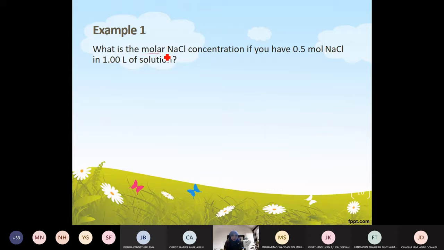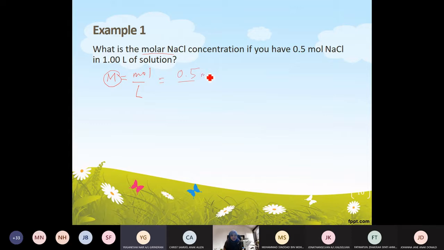Soalan nak molar. So, maknanya we go to molar. Ini rumus ni, mol per liter. Divide. Apa yang bahagi apa? 0.5 divide 1 liter.